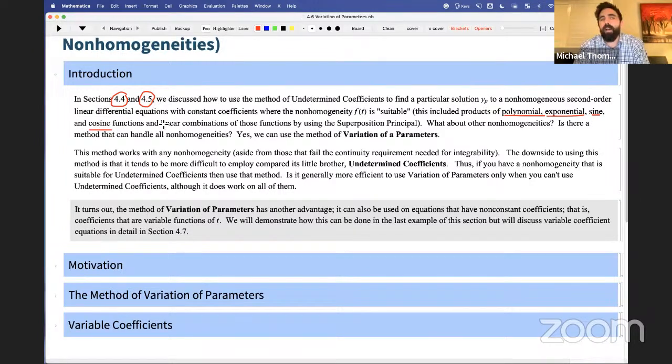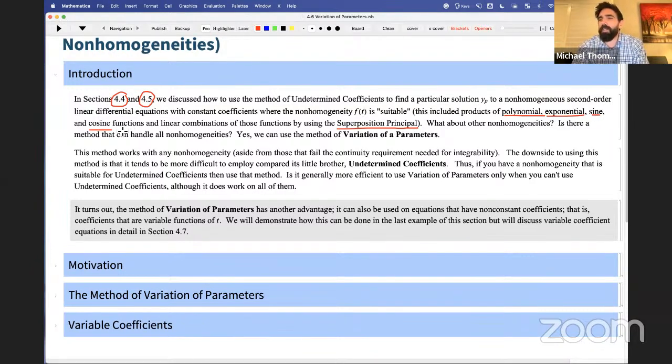In 4.5, we extended that to linear combinations of those functions using superposition, where we use solutions as building blocks for more complicated equations. But that's still very limiting because we're stuck with only combinations of these.